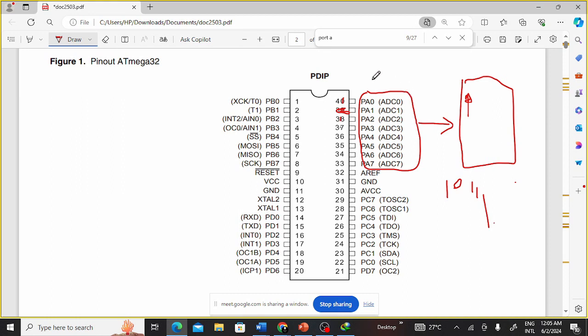I explained at the beginning of this class that if you use them as general purpose pins, you'll be talking to the Port A registers. But at certain times you'll be using them for analog to digital conversion. At that time, when you are setting this up, you will disconnect this from the Port A register to ADC0, another register. That processor can still work on that register.